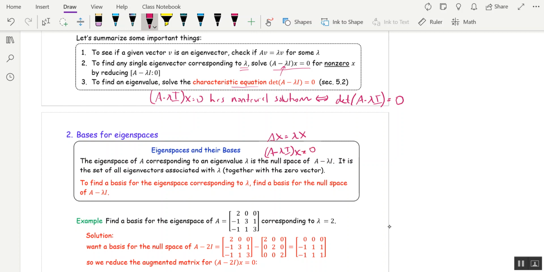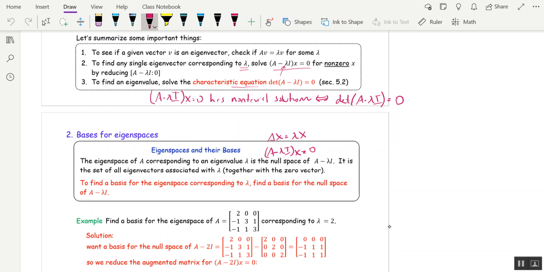So that's just the null space of A minus lambda I. Okay, so an eigenspace is a null space. To remember, eigenvectors can't be 0. So if you take the null space, that includes the 0 vector. So the eigenspace is the set of all eigenvectors also with the 0 vector tossed in.